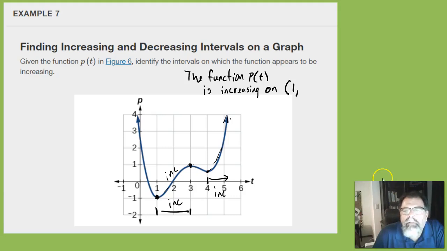Some books will debate whether you do a closed interval or open interval. This book is using open intervals. So regardless if this is a closed dot or not, it doesn't matter. By definition, we're doing open intervals. So union, and then from 4 to infinity. And again, same thing, open intervals.